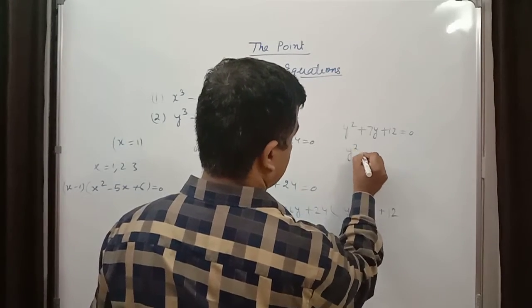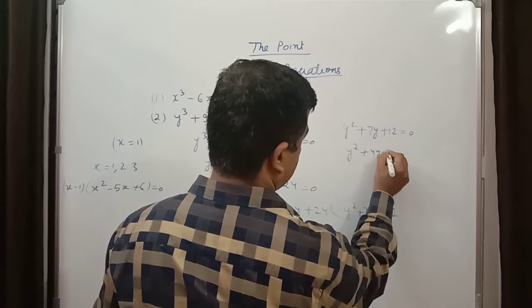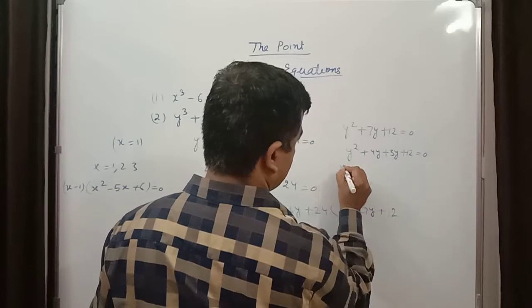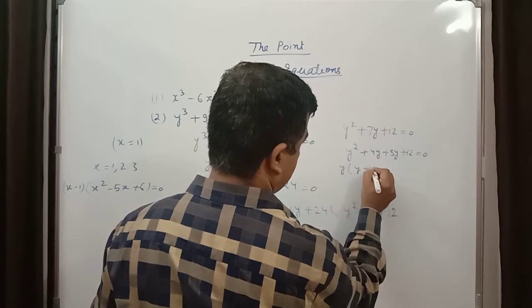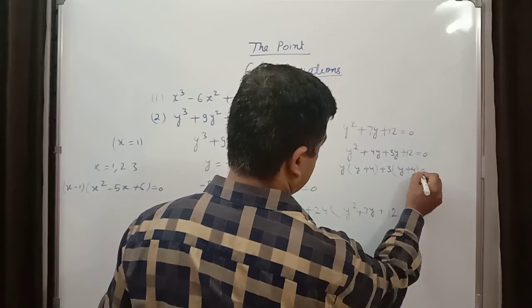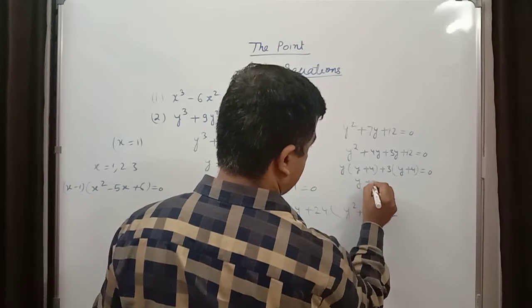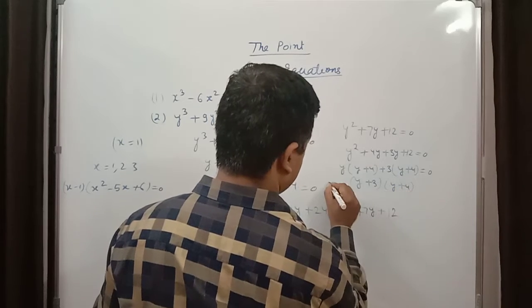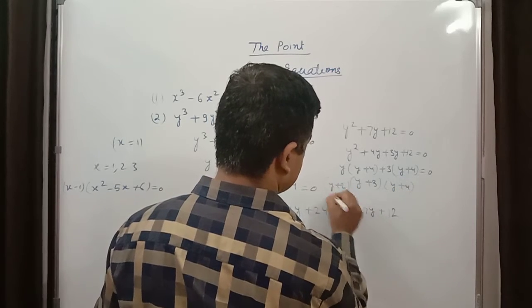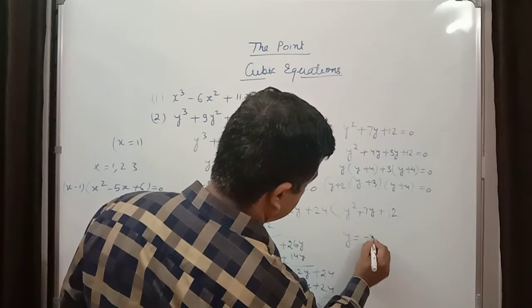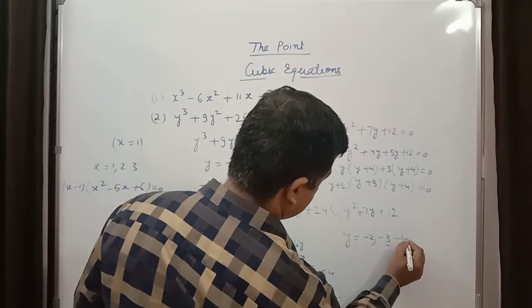So y square plus 4y plus 3y plus 12 is equal to 0. y plus 4, plus 3, y plus 4 is equal to 0. y plus 3, y plus 4 and y plus 2. These three factors have come. So roots of y will be, I am writing here, minus 2, minus 3, minus 4.